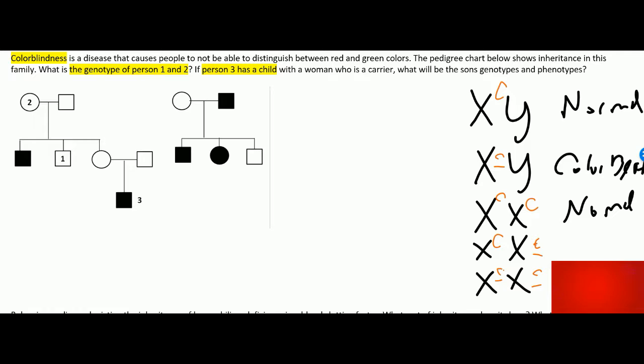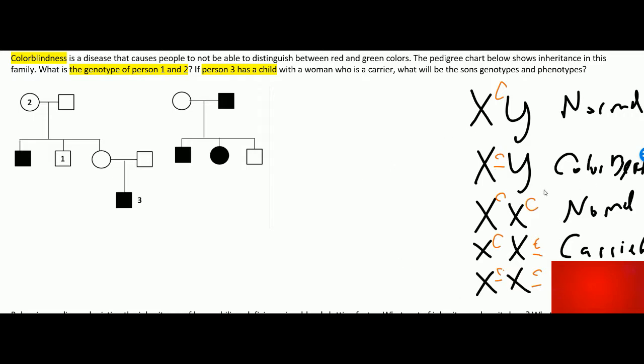When it has this mixture of alleles right here, that has its special name, remember that's a carrier. And then when they have the two lowercase, for a girl, she's going to now be colorblind because she doesn't have any good alleles to give her that normal color vision.